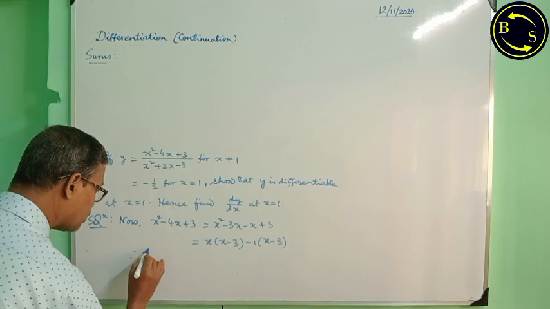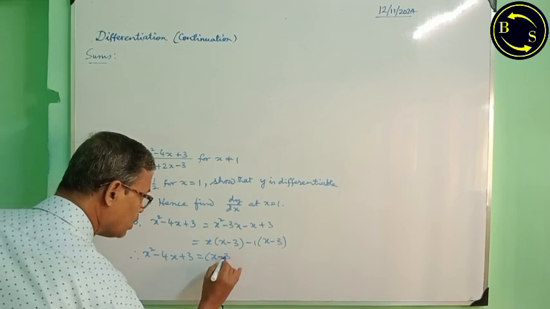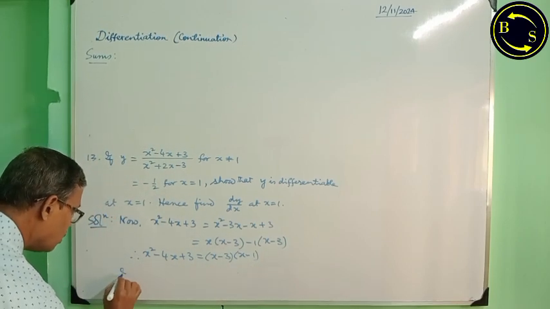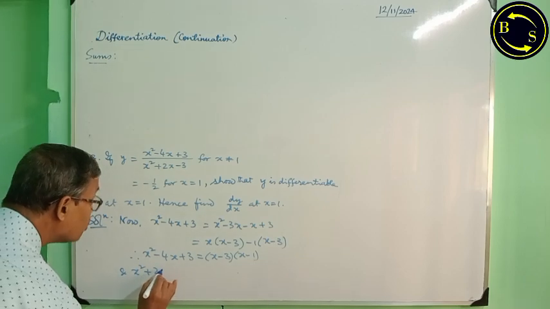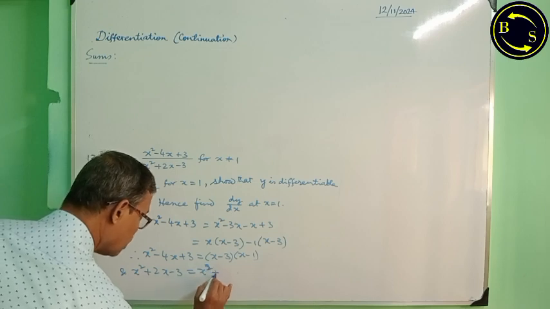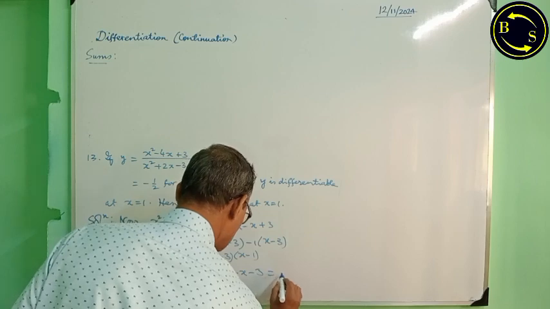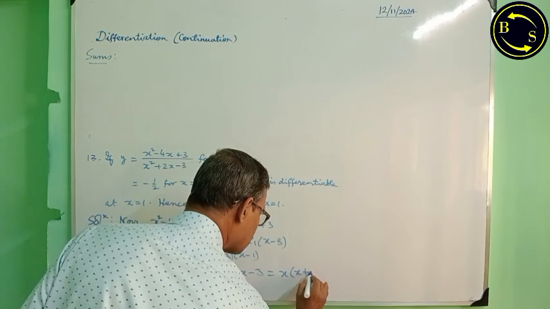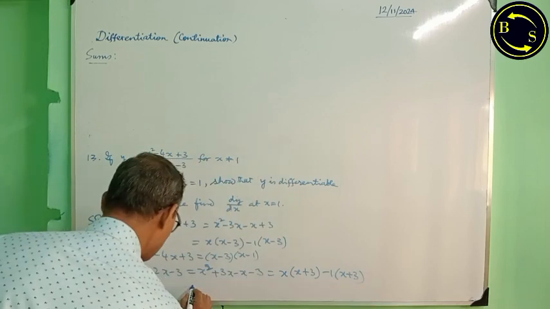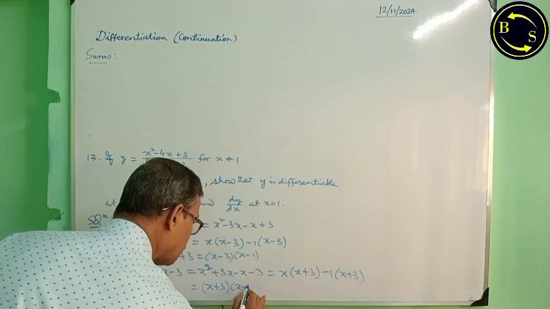Therefore, x square minus 4x plus 3 equal to (x minus 3)(x minus 1), and x square plus 2x minus 3, x square plus 3x minus x minus 3, that is equal to x(x plus 3) minus 1(x plus 3), that is equal to (x plus 3)(x minus 1).